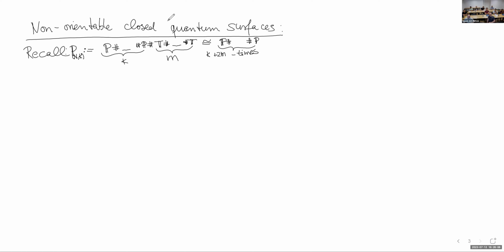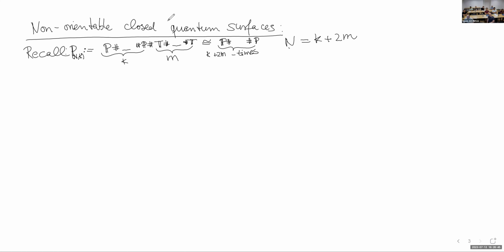This N is k plus n. Classically, I have the n-fold connected sum of projective spaces, but it's distinguished by first taking k times the connected sum of T and then n times the connected sum of P. I have to distinguish because the classification result will say these constructions are in general different.